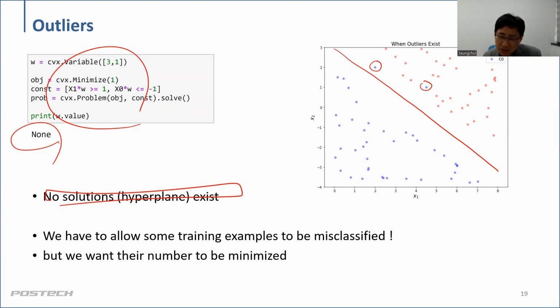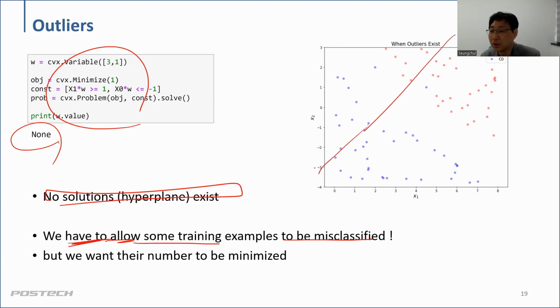So the idea is that we have to allow some training examples or data points to be misclassified. We have to allow some mistakes. If we do, then probably there will be another solution, but we don't want just any solution.